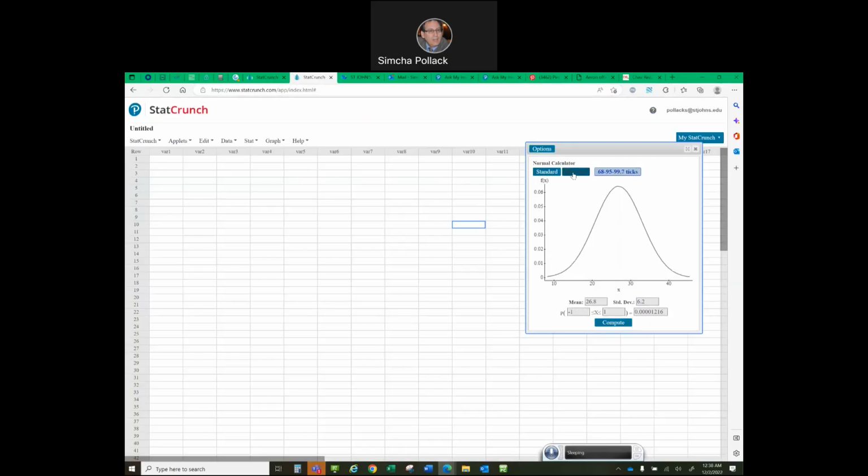When you click on between, this opens up. All you have to do is type in the mean and the standard deviation. It tells you that between 20.6 and 33 is 68%. Between 14.4 and 39.2 is 95%. And between 8.2 and 54.4 is 99.7%.